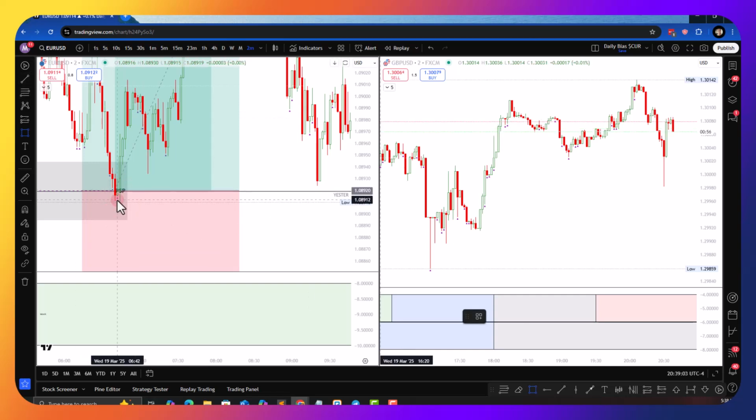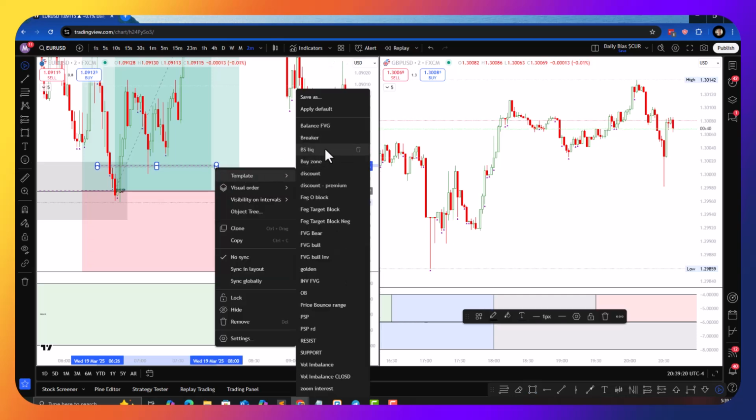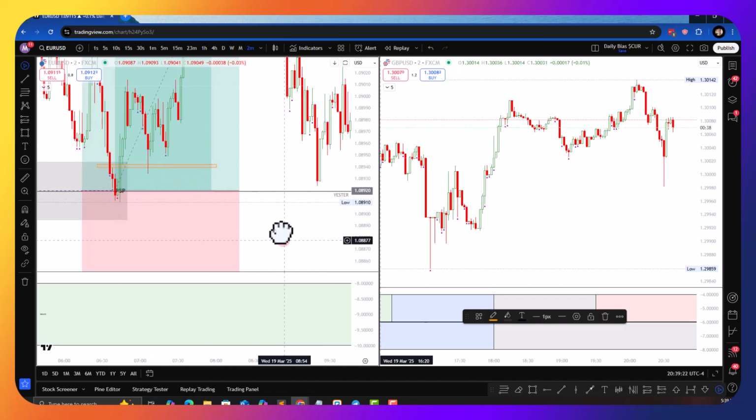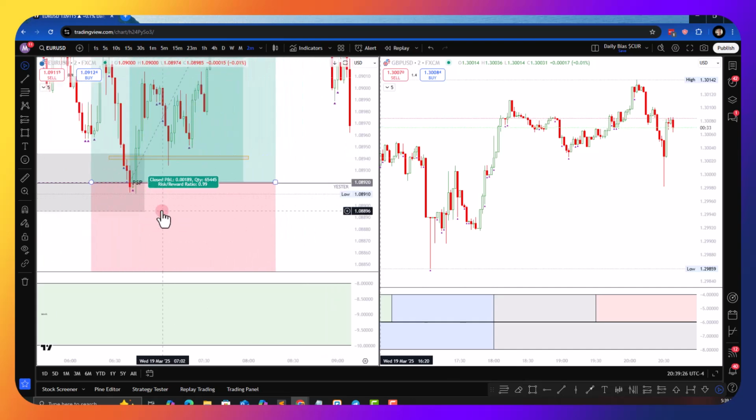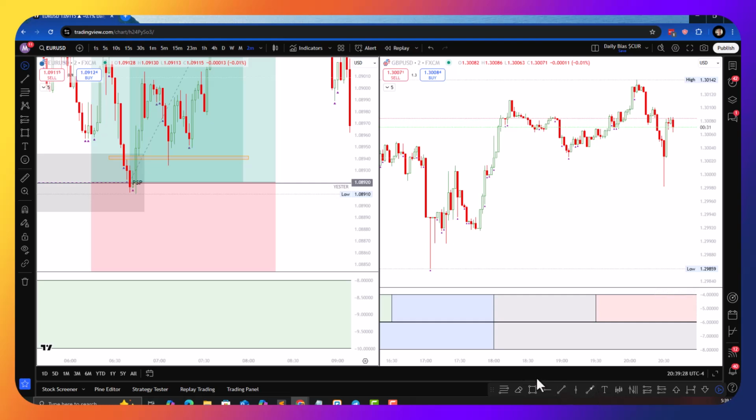So this downturn formed a PSP candle here, indicated with the purple arrows. And you could argue that this is a balanced fair value gap between those items. And potentially you could purchase in this order block or in this PSP here.